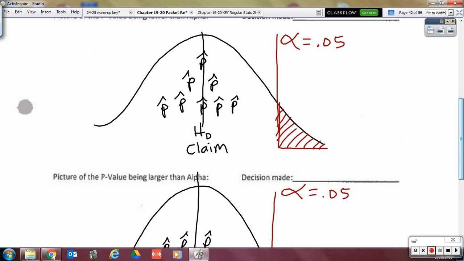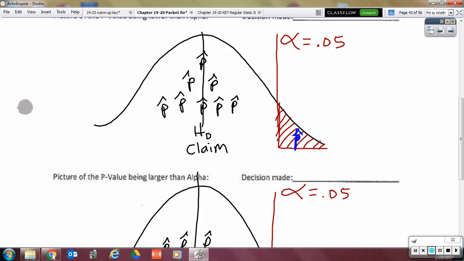So on this top curve, I want you to put your sample that you get in the rejection region. I'm picking another color, so this is my third and final color. I want you to put your sample right there. No, on just one of them. I'm only on the top one.